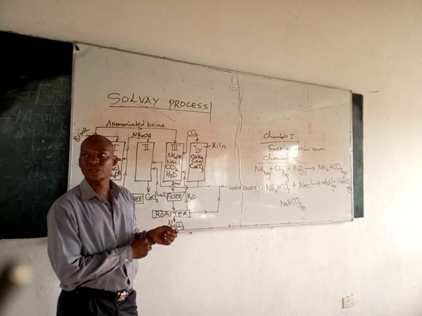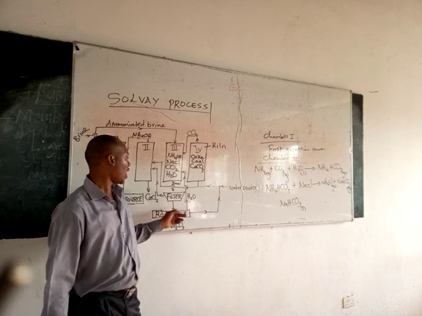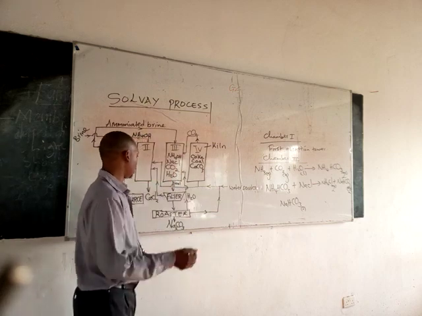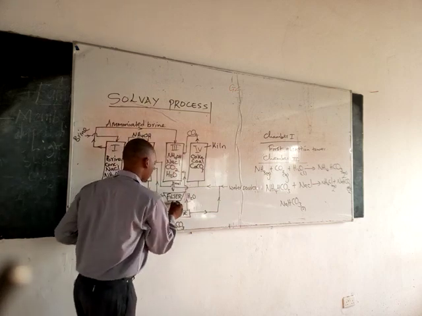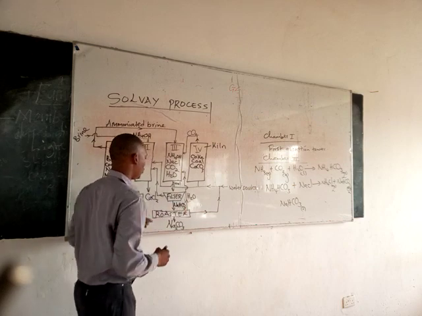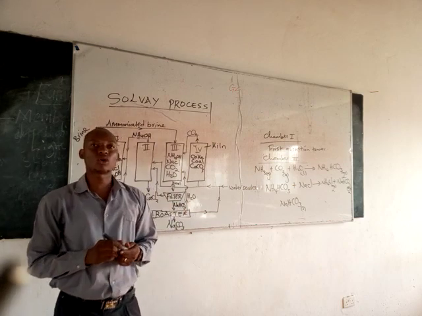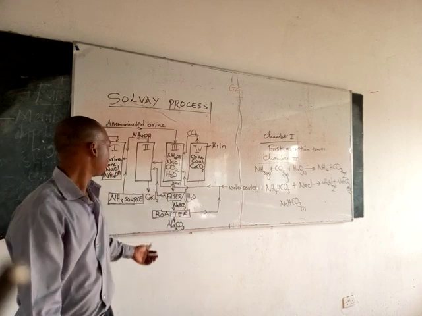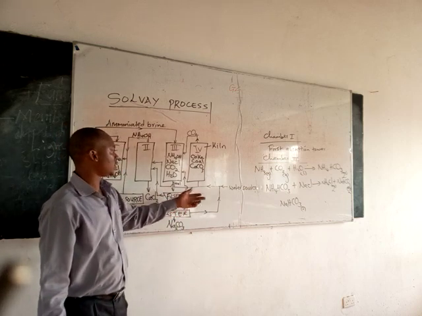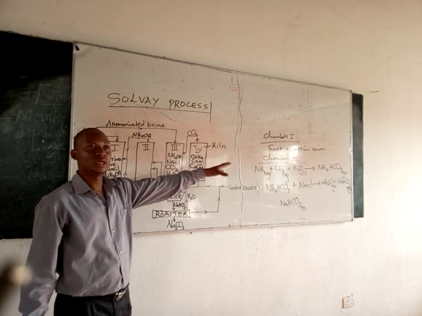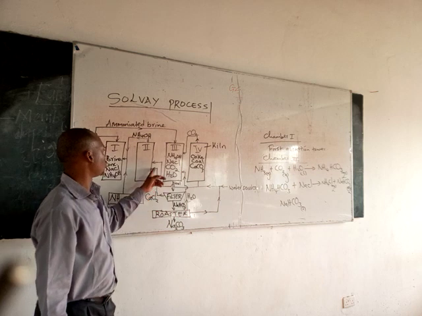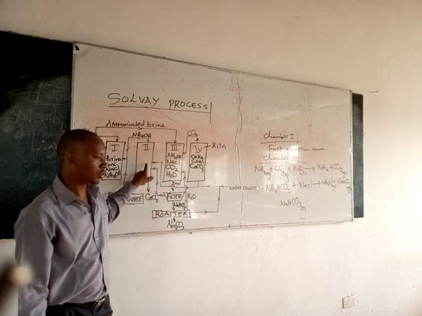So we filter the mixture, and in this case we are going to have sodium hydrogen carbonate as residue, which will proceed to the roaster, while ammonium chloride will remain in solution form, and it will proceed to chamber 2.